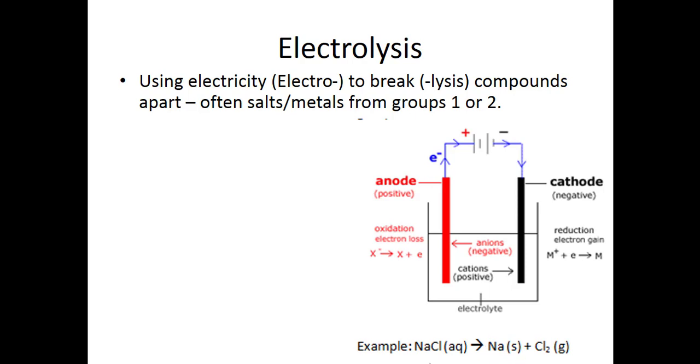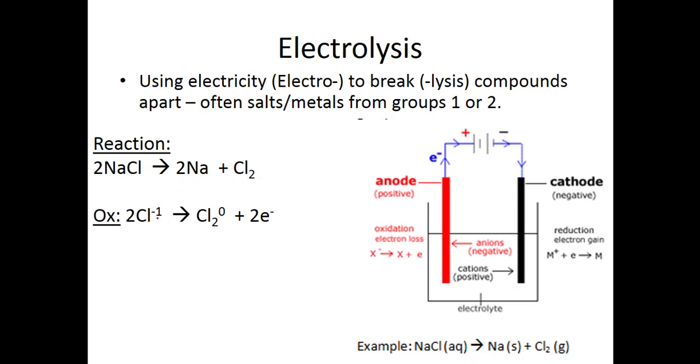If you were to use electrolysis on salt, you could actually acquire chlorine gas and sodium. The reaction in this case is NaCl producing Na and Cl2, so chlorine gas. For the oxidation, we lose electrons: chlorine went from negative to neutral, so it lost electrons. And for reduction, we gain electrons: sodium gained those electrons, becoming neutral.